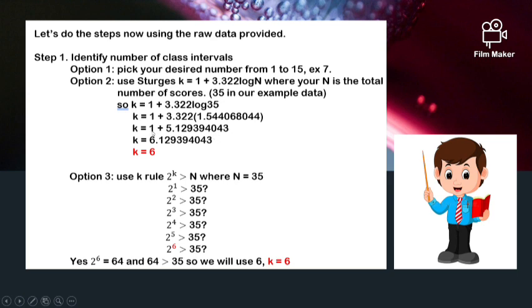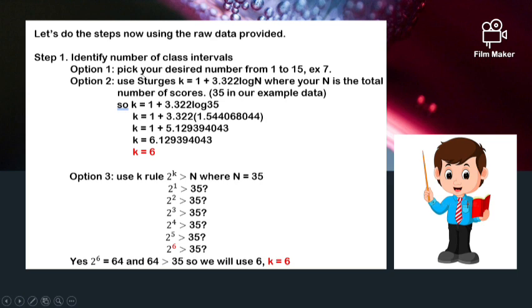Since there is still 1 to be added, 1 plus 5.129394043, k equals 6.129394043, and then you round off. K is 6. The answer is 6, which gives you the idea that you will use 6 class intervals. That's for option 2.